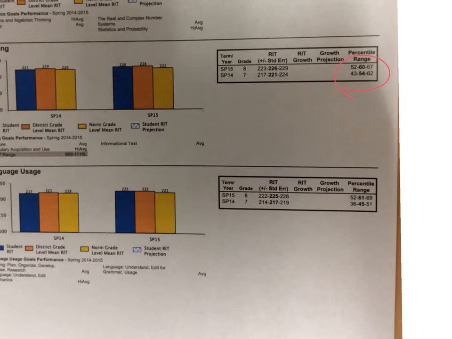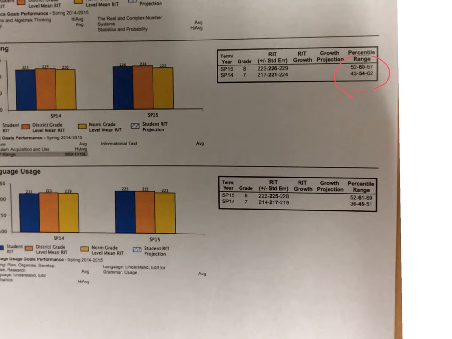The samples, again this is for the norms, are drawn randomly from test record pools of up to 10.2 million students attending more than 23,500 public schools spread across 6,000 districts in 49 states. And then they also use some of the private school data. So these are very strong norms that are arrived at with a lot of comparison as well as random sampling. So these results are referred to as norm referenced.